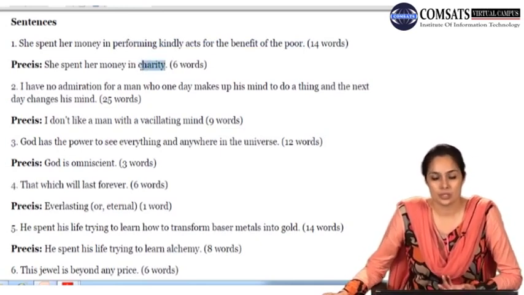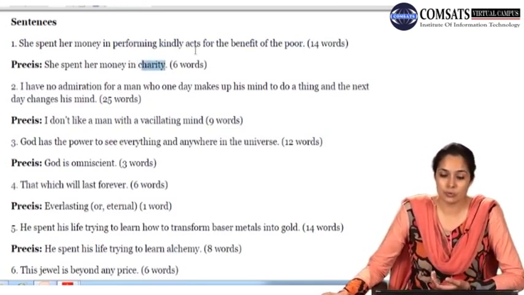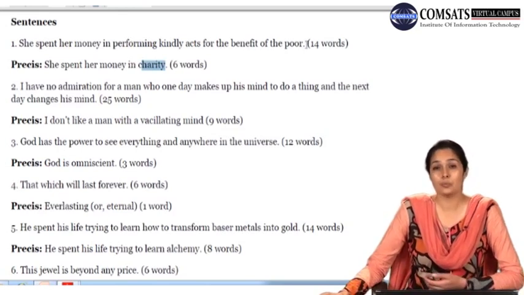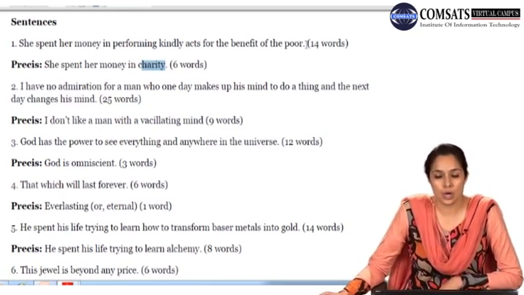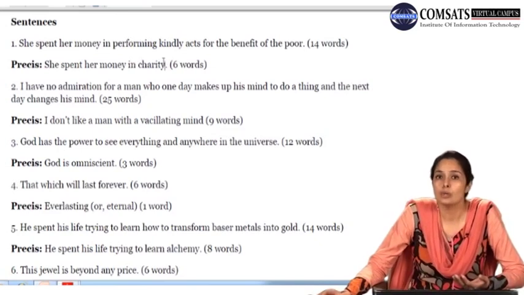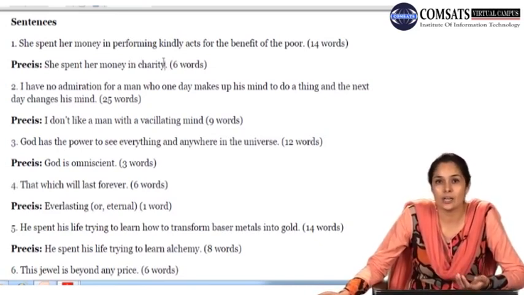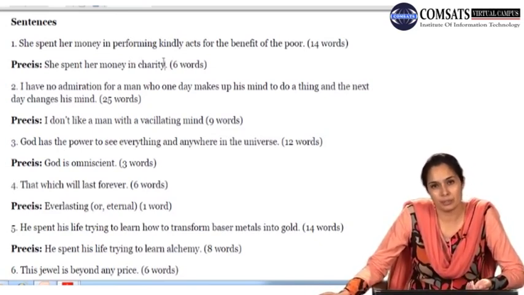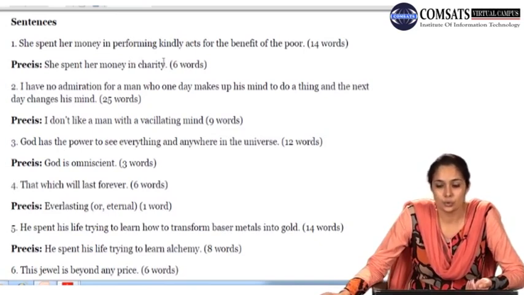Why not substitute this 10 words clause with just one word? She spent her money in charity. Charity means spending your money for the benefit of the poor people, for the needy, or for the underprivileged people of the society. So your 14 words sentence would change into only 6 words.